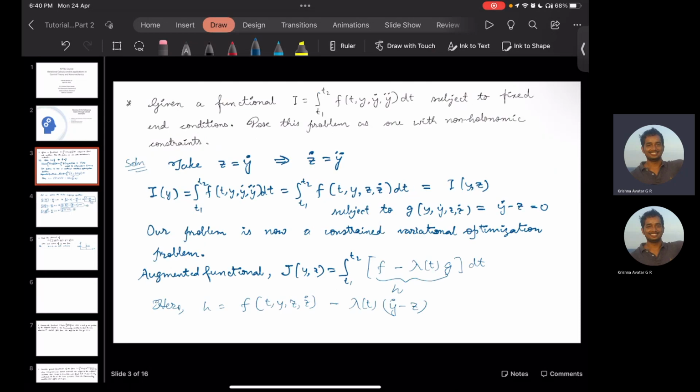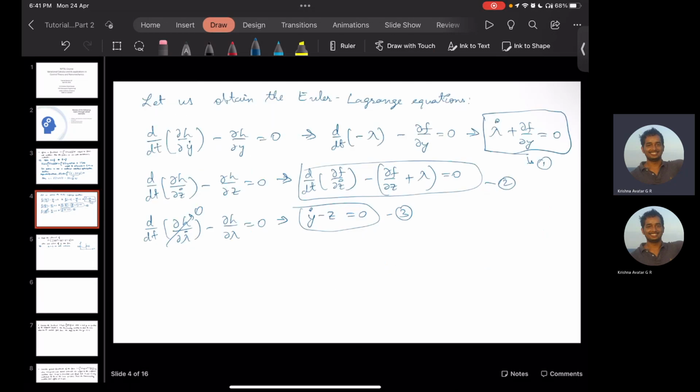So ideally, initially the function was in terms of t, y, ẏ, and ÿ. So extremizers of this would satisfy the Euler-Poisson equation. But now what you can see here is we'll have a set of three equations.